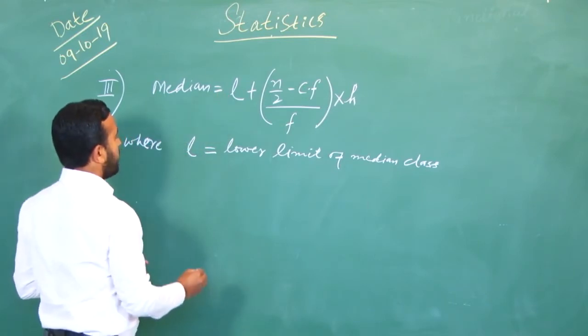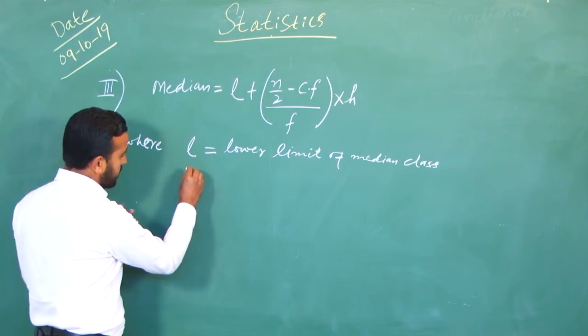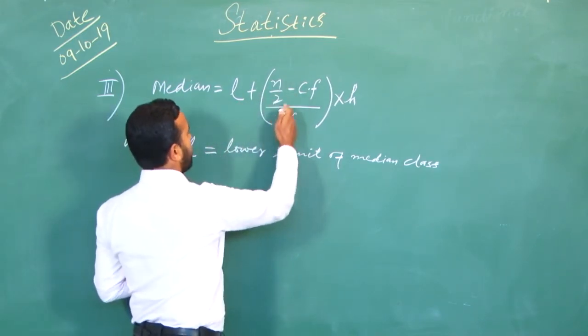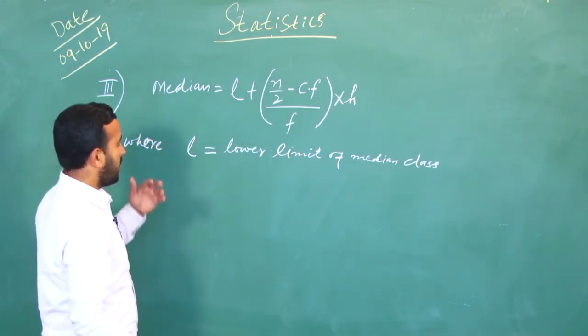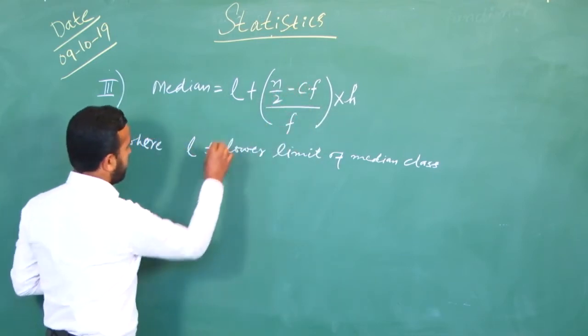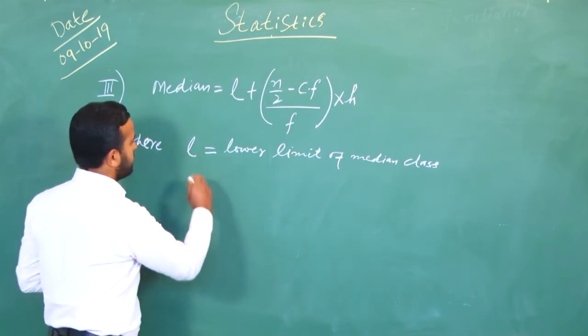Then n by 2: as we are aware, n is the sum total of the frequency, and n by 2 gives us half of the frequency, by which we can calculate the cumulative frequency later on. Here n is the total frequency and n by 2 is half of that frequency.